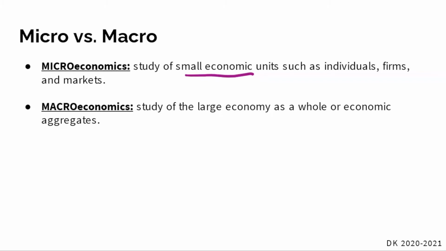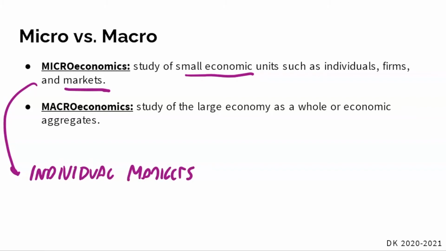Individual consumers, different companies. But this idea of a market is something relatively new. We're not going to be looking at just the market of the United States or the German market. Instead, we're going to be looking at individual markets.